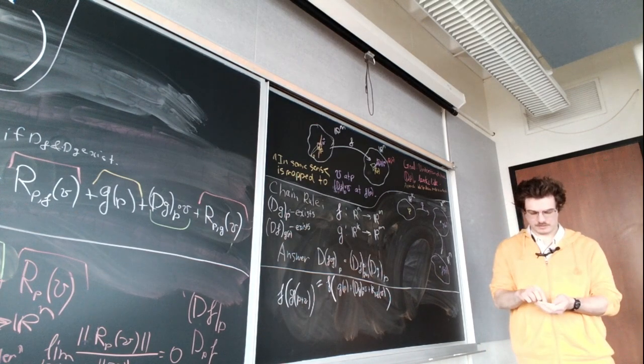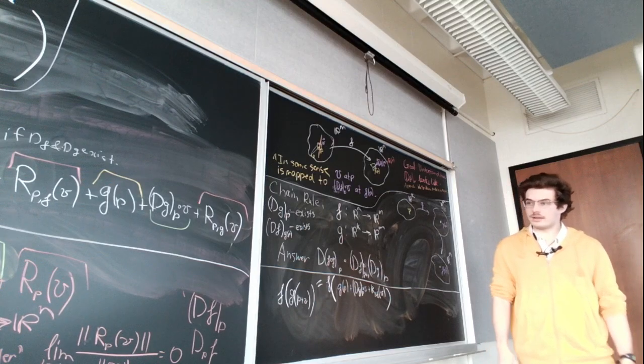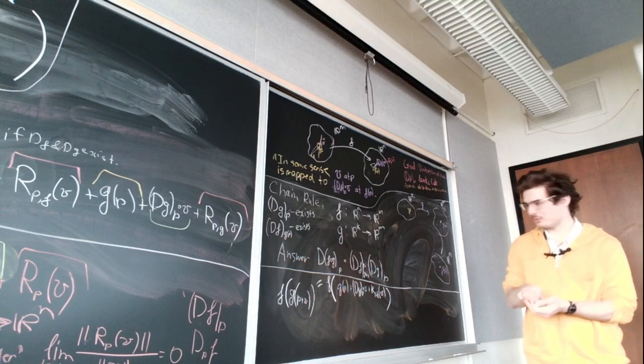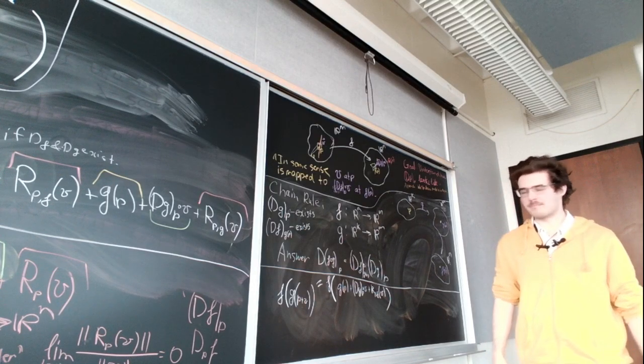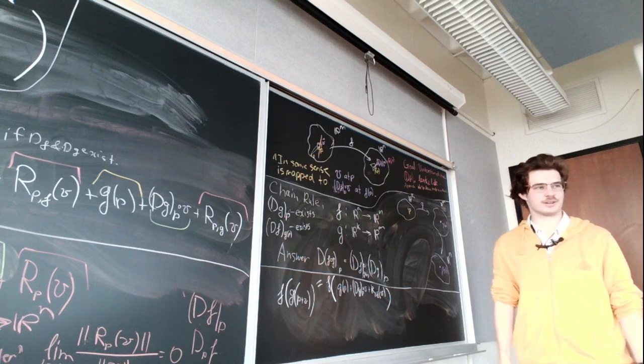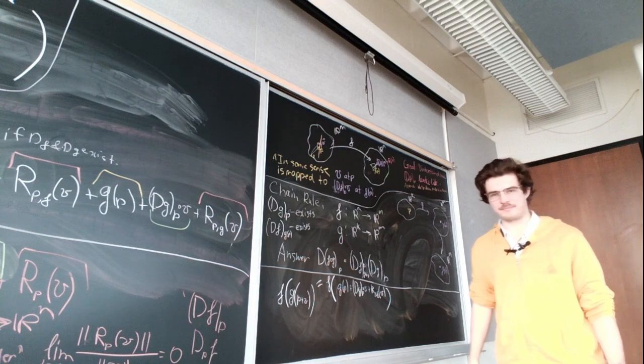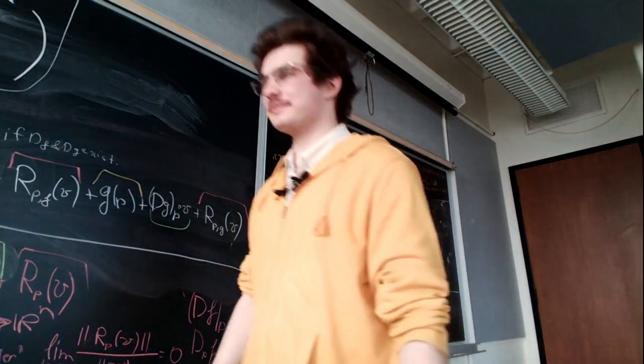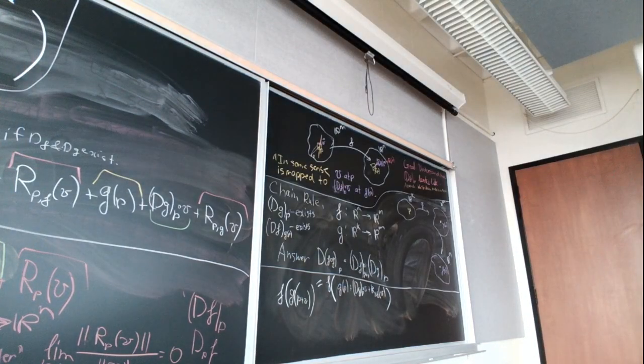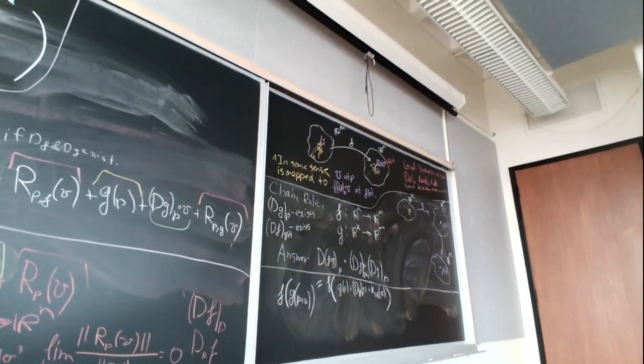Now I want to pattern match further. Actually, I'll give you a chance to write this down. Now I want to pattern match further. What do I know about f?